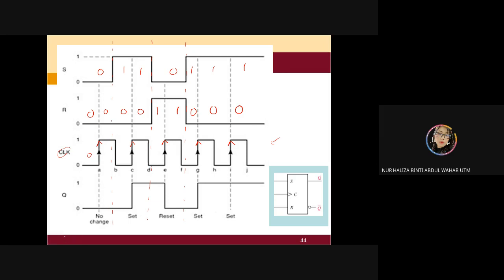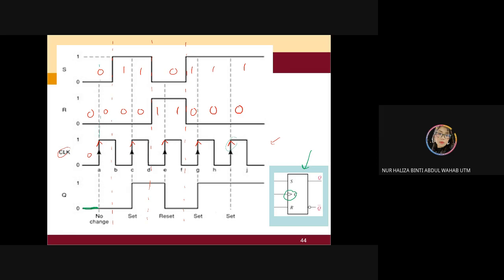So for flip-flop, I'm going to look into the clock. This one is a positive clock. And let's say the beginning is low, and you can see there will be no changes because there is nothing to trigger your clock until you meet the positive one.